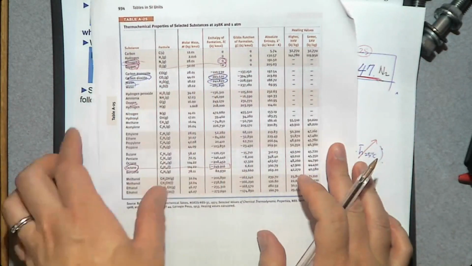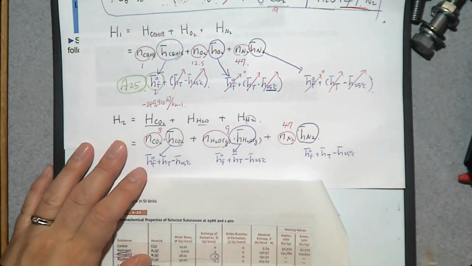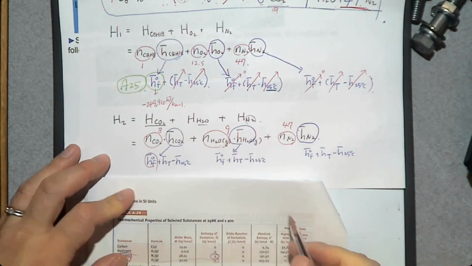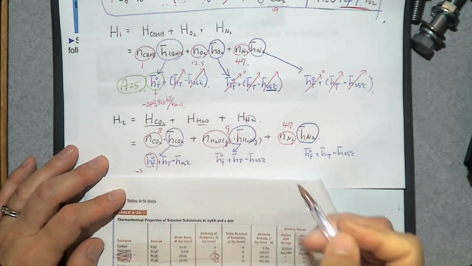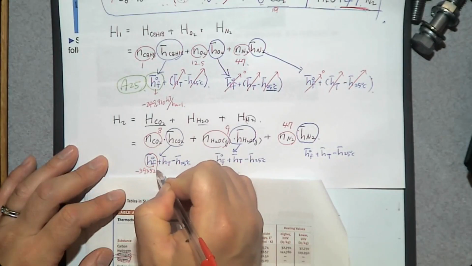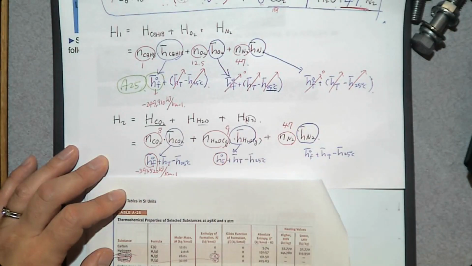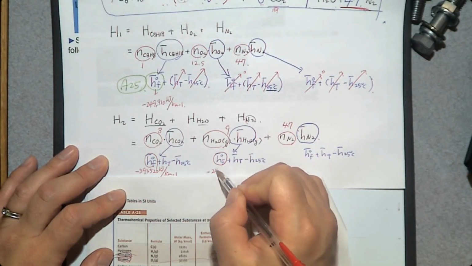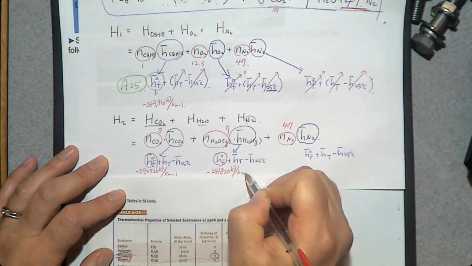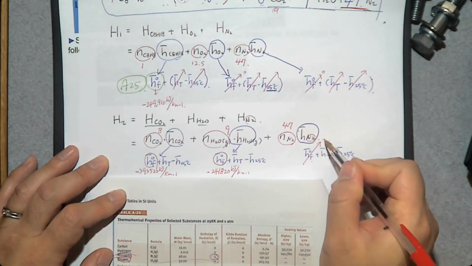So for this carbon dioxide, we have minus 393,520 kilojoule per kilomole. For water vapor, minus 241,820 kilojoule per kilomole. And there's no enthalpy of formation of nitrogen.